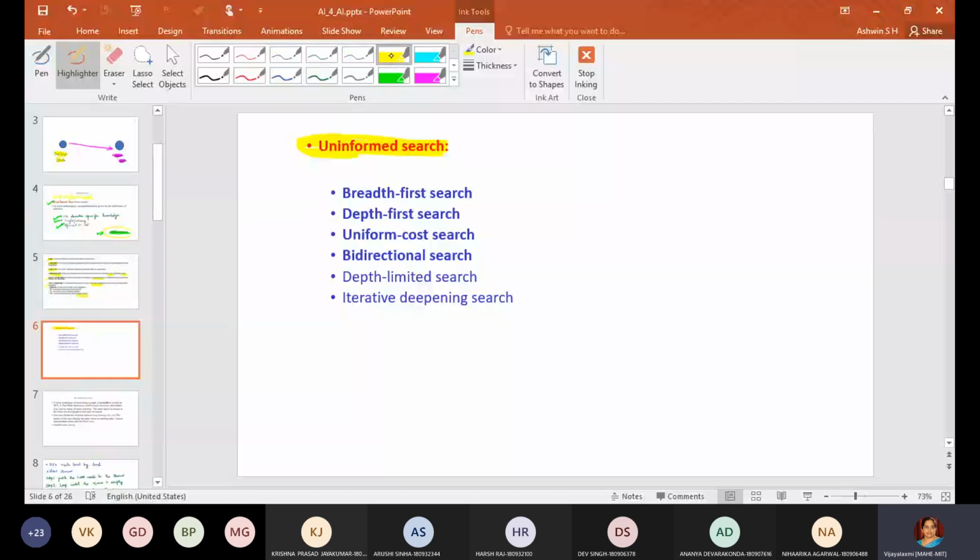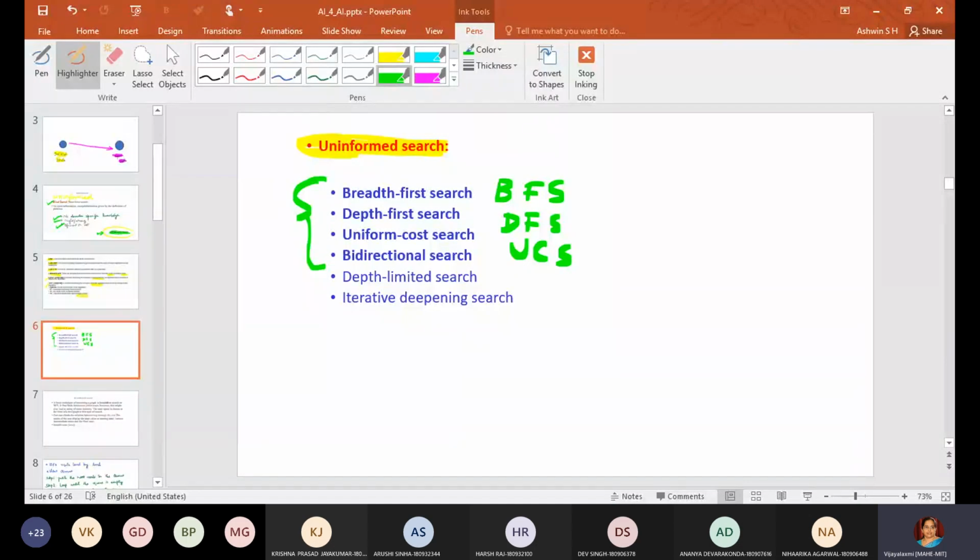The first one is breadth first search. The second one is depth first search. The third one is uniform cost search. Next is bidirectional search. Then we have depth limited and iterative deepening search.